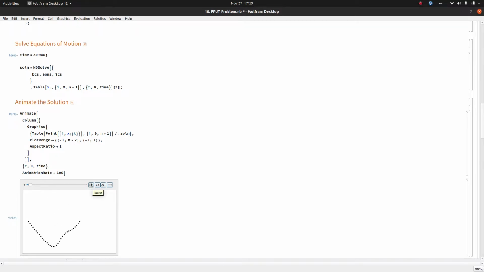And now it's doing it a lot. And now I don't look like I'm in the first mode at all. We'll let that run for a second or so. You can see it looks like there are some waves going back and forth. Now it's looking like I'm closer to being in the third mode. We're letting that run for a while. Now it really is looking like the third mode.